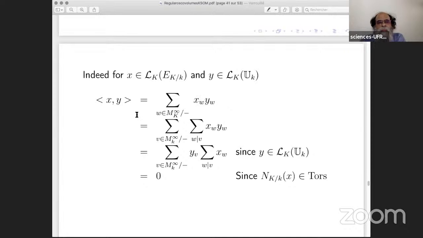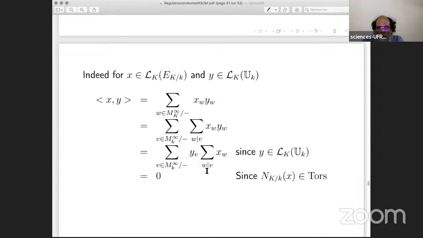You compute the scalar product, and you use the product formula. You decompose the sum over places over the big field. You receive the sum over the places over the small field and places over the big field. Then you factor that, and then you use the fact that the norm of the x, which is in the relative units, is a root of unity.